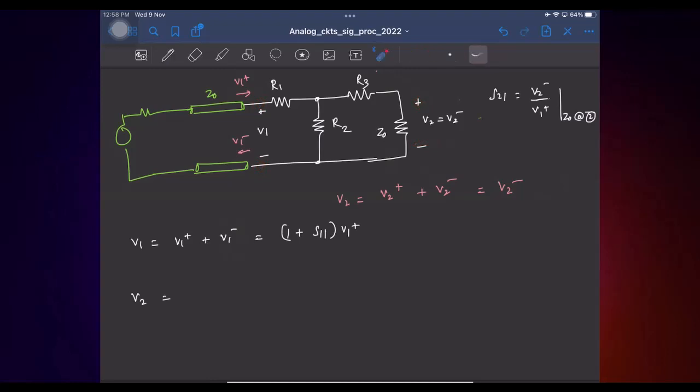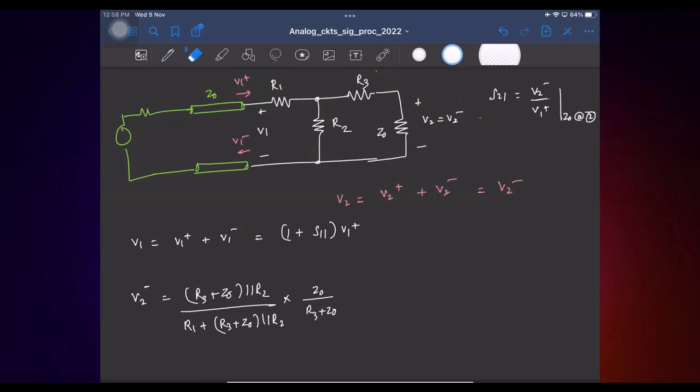You know that resistor divider, right? It's basically R3 plus Z0 parallel R2, that is this. So you will have first the division between this and R1, so R1 plus R3 plus Z0 parallel R2, which gives me this voltage. Then you will have division between R3 and Z0, times V1. And I know V2 is the same as V2 minus, and V1 is the same as this times V1 plus. Now we have the ratio V2 minus by V1 plus.